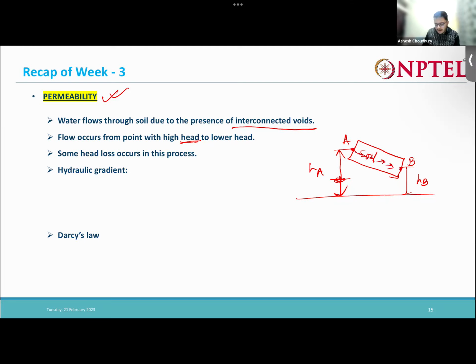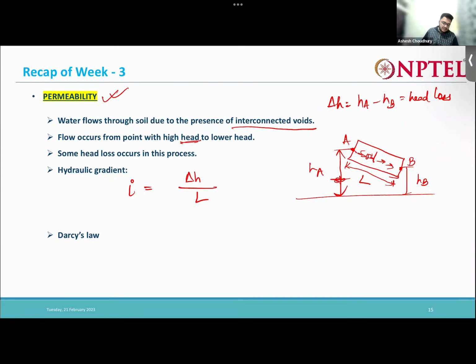Head loss is HA minus HB. The water is flowing along a length L. So what is my hydraulic gradient? The hydraulic gradient is i equal to delta H, meaning the head loss, divided by the length of flow, L.